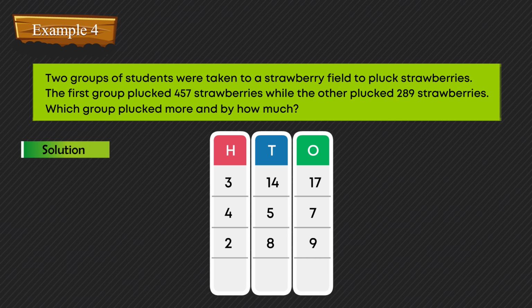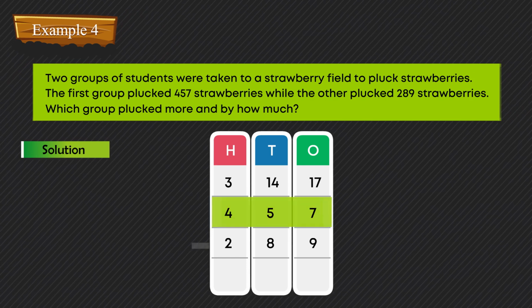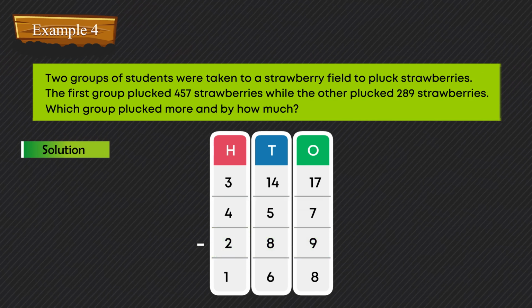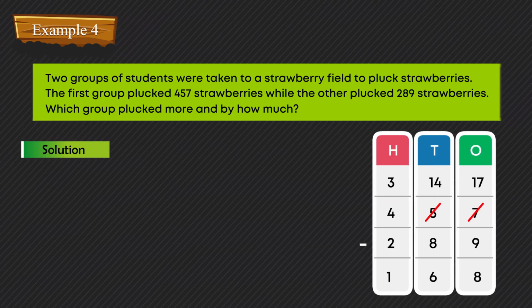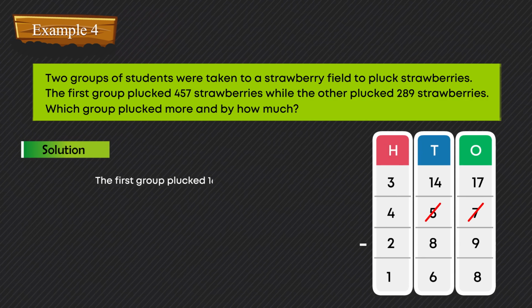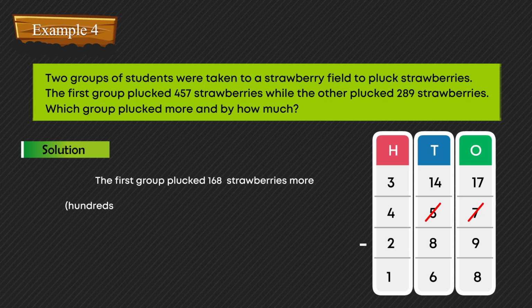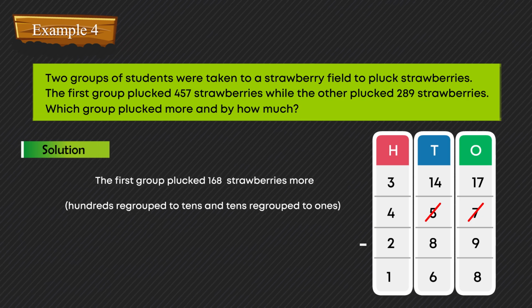Solution. 457 minus 289 is equal to 168. The first group plucked 168 strawberries more. Hundreds regrouped to tens and tens regrouped to ones.